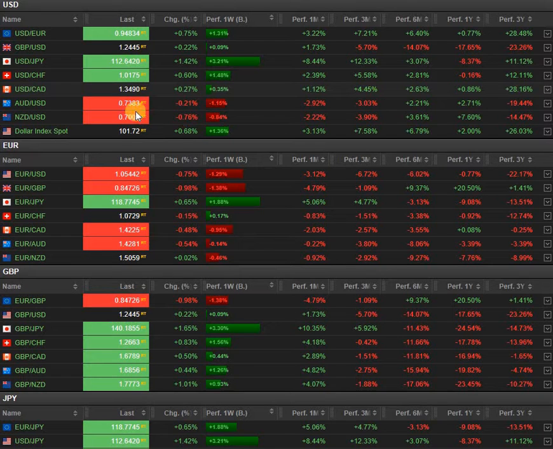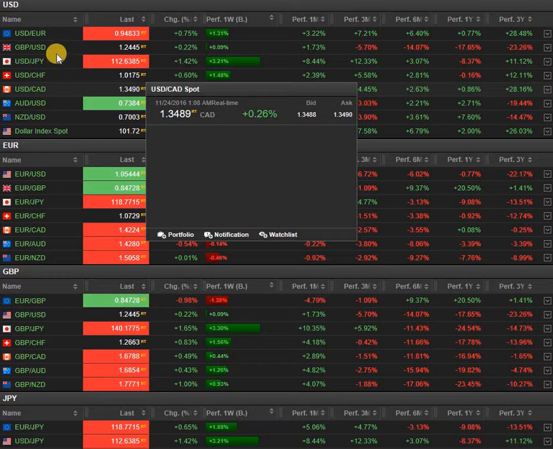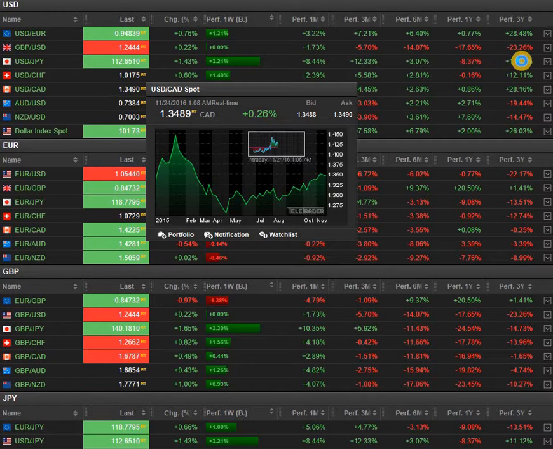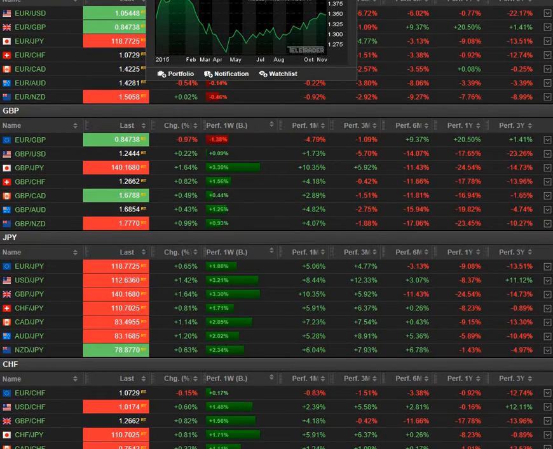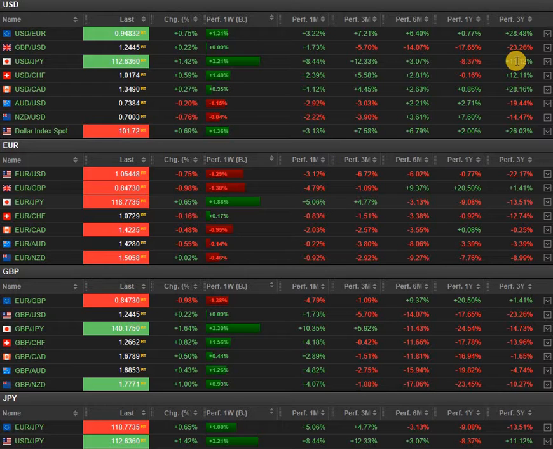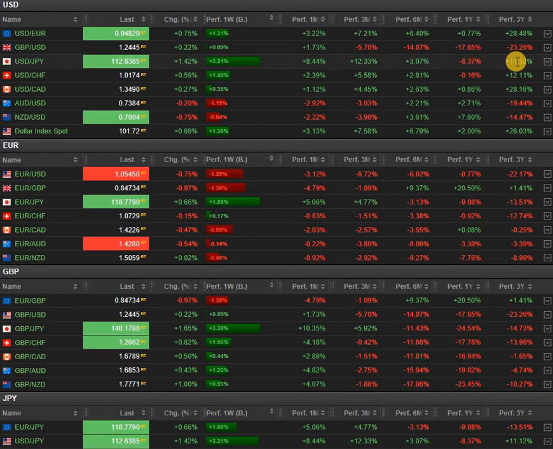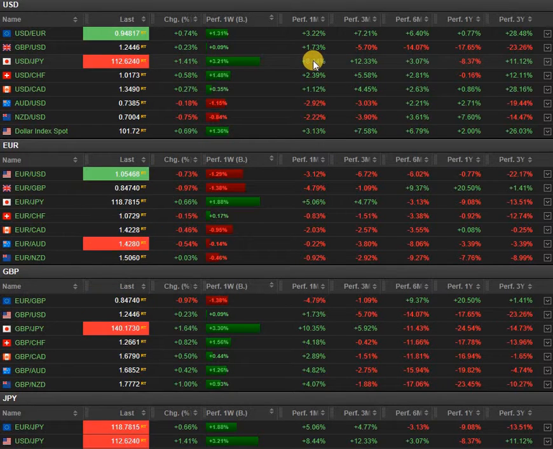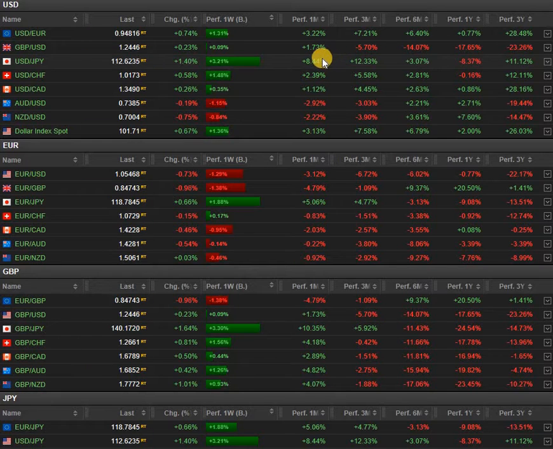Now, let us compare this with the Japanese yen. If we compare the 3 year performance, then we will get to know that the dollar has appreciated by 11.12%, while the Japanese yen depreciated by 11.12%. In the last 1 month, if we compare, then we will get to know that Japanese yen has depreciated by 8.44% and dollar has appreciated by 8.44%.